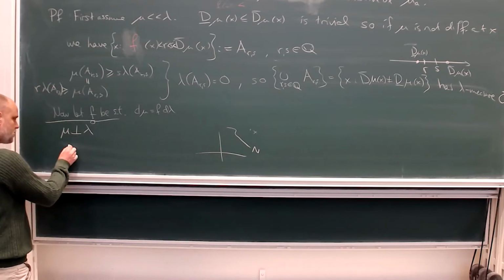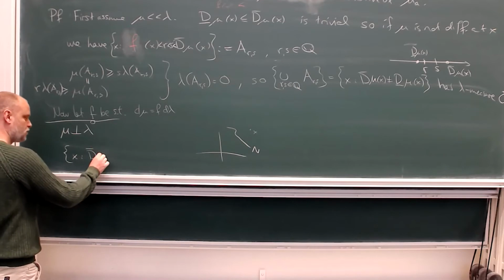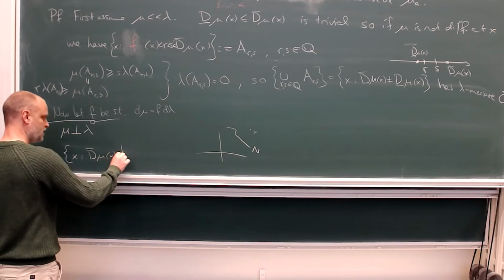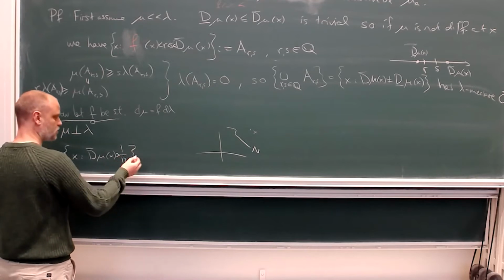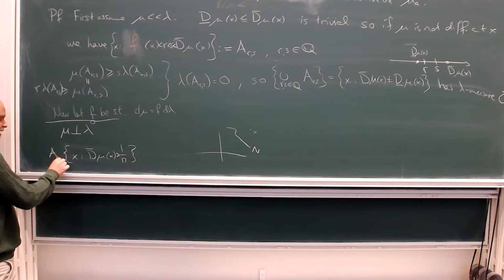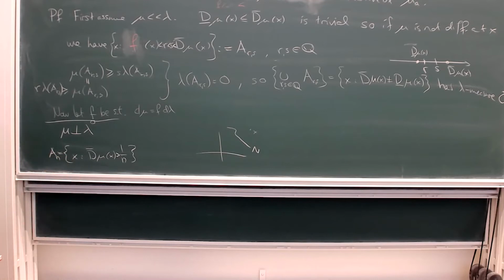So let's take the point x such that the superior derivative is bigger than or equal to 1 over n, for some n. Let's call that A_n. If this doesn't happen for any n, then that guy is 0, right? And then the lower derivative is 0 as well, and everything is 0. So these are the bad points.